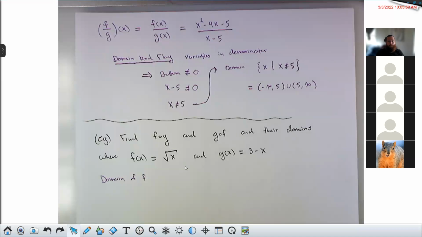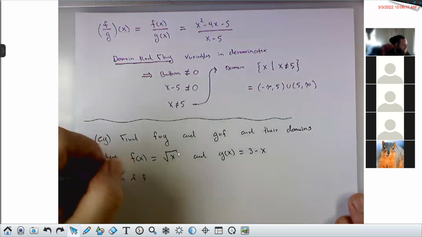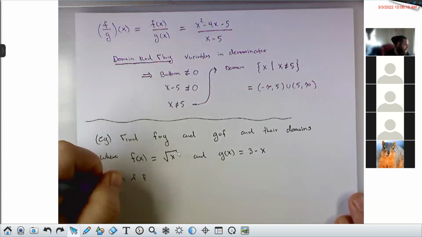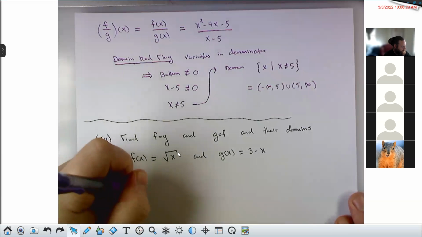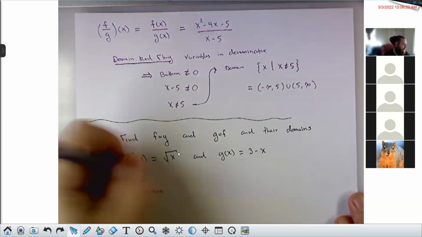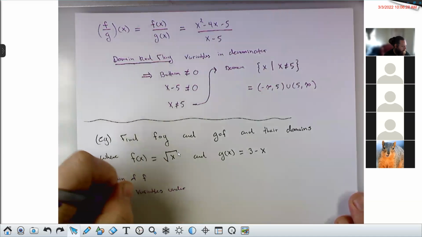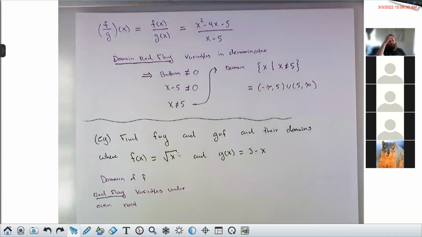What sort of numbers can I plug in for x? Let's talk about the other red flag. The domain red flags that we have, there's two of them. Here, the red flag is you've got variables under an even root. The square root is an even root. It's like the 1/2 power.